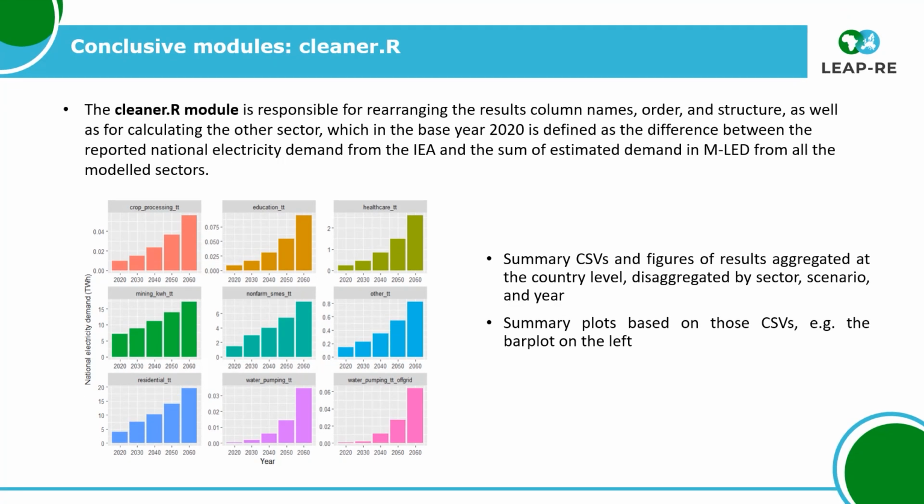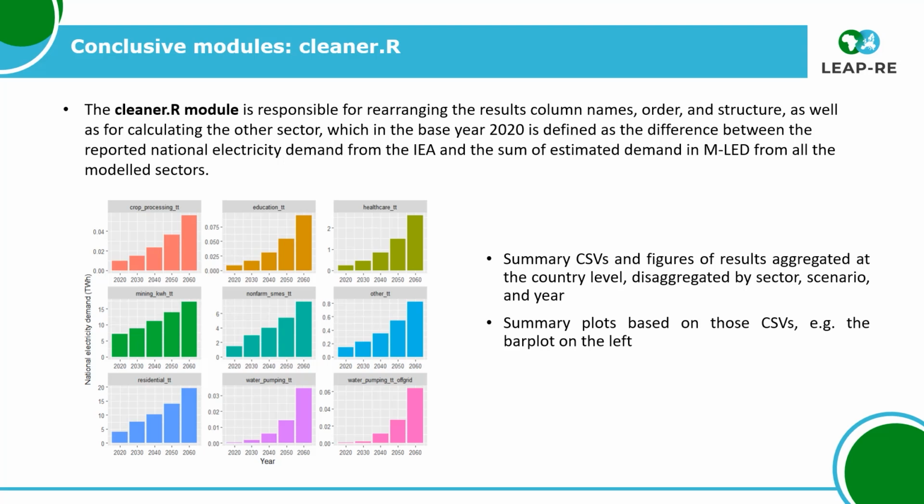We then have some concluding modules, such as a cleaner module, which is responsible for rearranging the results, column names, order and structure, as well as for calculating the other sector, which is a residual, statistical sector, if we find a discrepancy between the total reported demand from IEA and some estimated demand in the base year. This could be, for instance, for some sectors that are not represented in MLED, such as electrical transport.